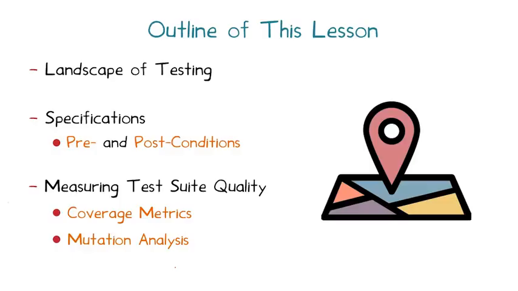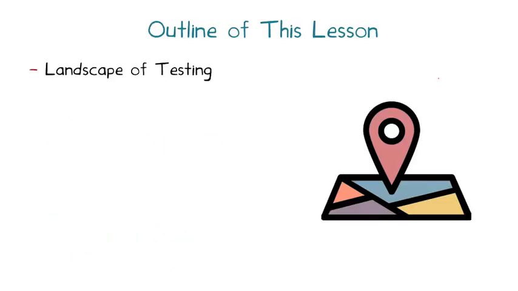Here is a roadmap for the remainder of this lesson. We will begin by surveying the landscape of testing paradigms, comparing and contrasting their costs and benefits. By the end of this section, you should have an understanding of what characterizes different testing strategies and should be able to select an appropriate strategy given a set of priorities and constraints. Next, we will look at specifications in more detail.